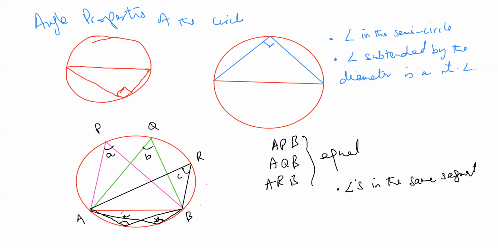Because if A plus X is 180, and B plus X is 180, and A plus Y is 180, and B plus Y is also 180, that means angles A, B, and C are all equal, and angles X and Y are also equal to each other. But the angles in the opposite segments add up to 180 degrees.